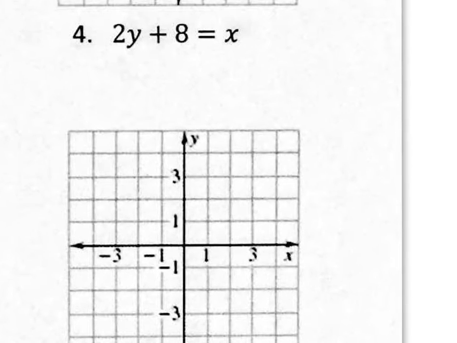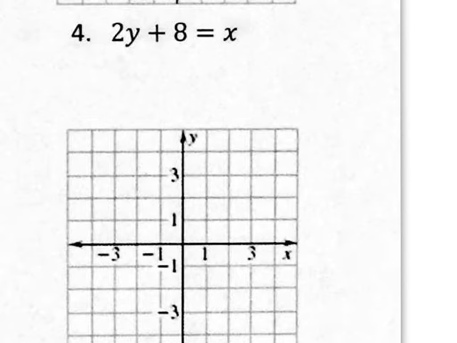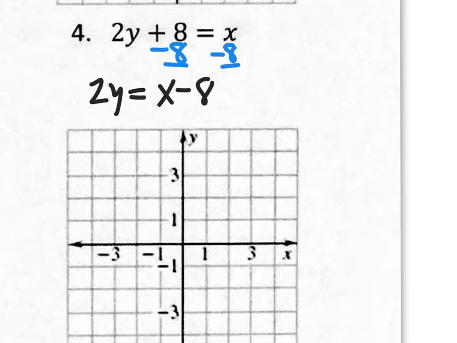This guy is definitely not in function form, so what do I need to do first? Subtract 8 and subtract 8. So my new equation will be 2y equals x minus 8. So now I need to divide by 2 and divide by 2 and divide by 2.